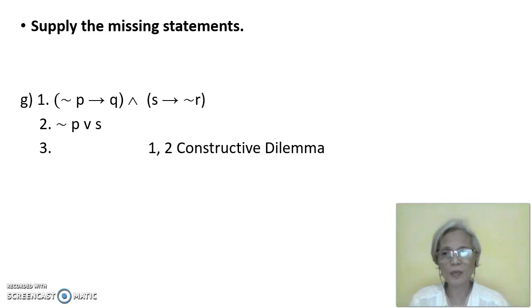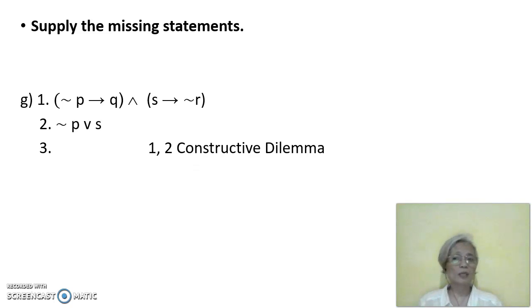And then we have the conjunction of two conditionals, not P implies Q, and S implies R, not R. And then we have not P or S, and we are to use constructive dilemma.